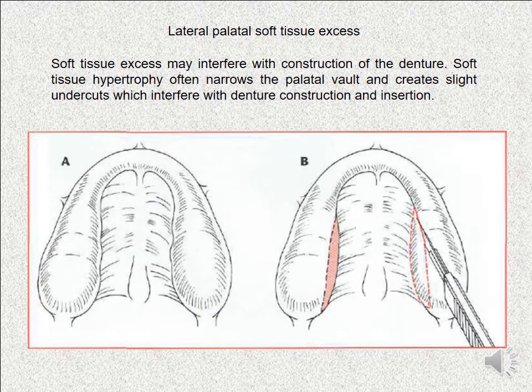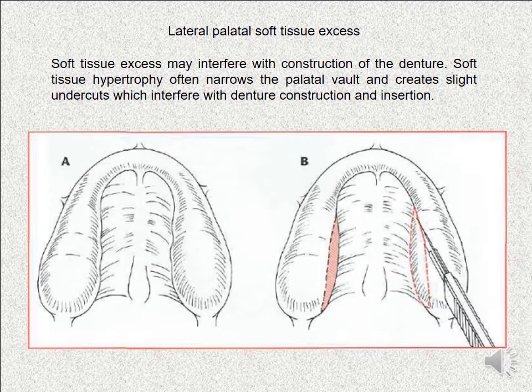The other soft tissue abnormality is lateral palatal soft tissue excess. Soft tissue excess may interfere with the construction of the denture. Soft tissue hypertrophy often narrows the palatal vault and creates a slight undercut, which interferes with denture construction and insertion.